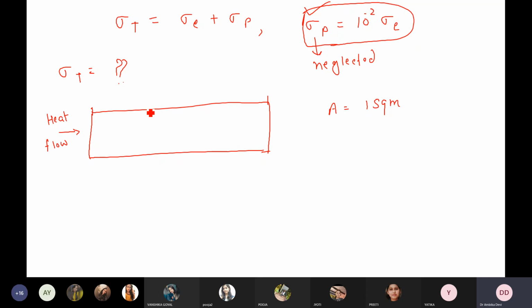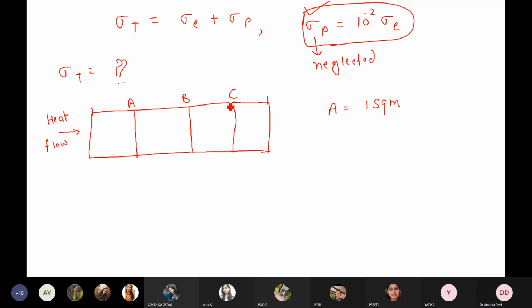Okay, so after this, let us consider three layers: layer A, layer B, and layer C. Let's say this is A, this is B, this is C. So consider three layers A, B, and C normal to the direction of heat flow.